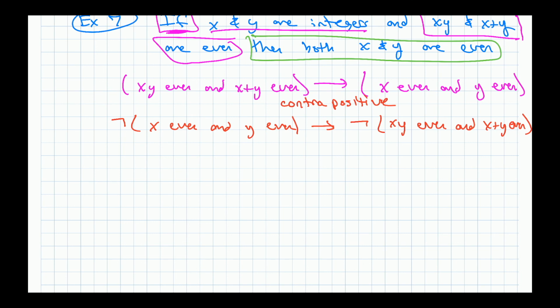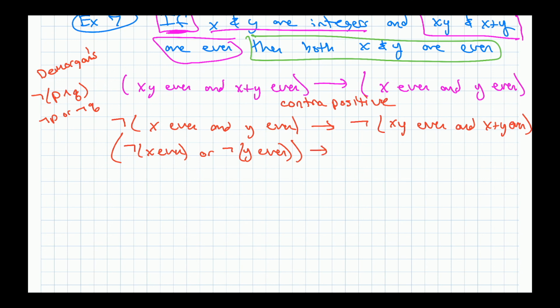But then we have this kind of structure, not P and Q. And remember what De Morgan's law does there. What does De Morgan's law do? When you distribute a negation across an and, it turns into an or. So not P or not Q. So we need to change these to ors. So this is going to be not x even or not y even implies same thing here, not xy even or not x plus y even.